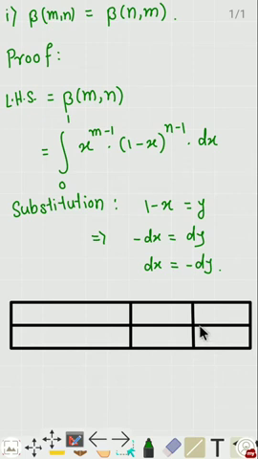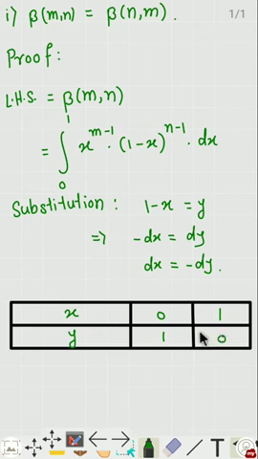Due to this substitution we get the following. The limits of the old variable x are 0 to 1, and we have a new variable y. If I put x is equal to 0, then y becomes 1, and if I put x is equal to 1, then y becomes 0.